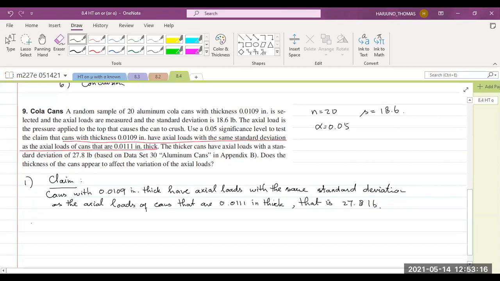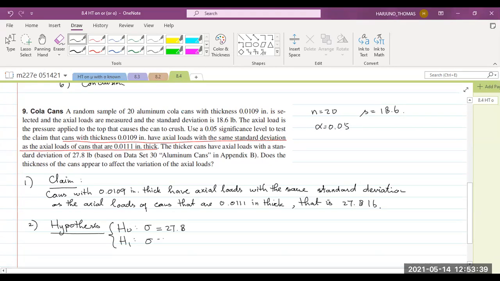Okay, hypotheses. The null hypothesis: population standard deviation is equal to 27.8 pounds.